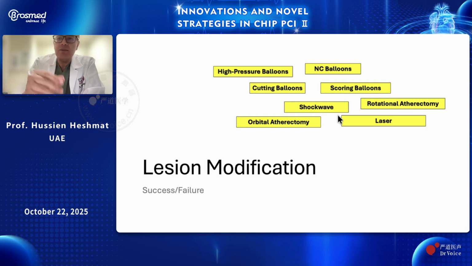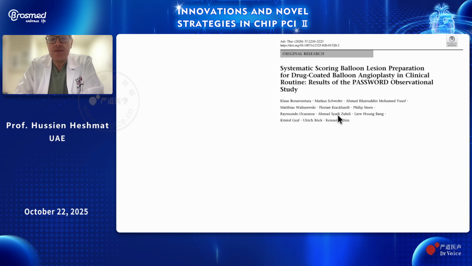Probably the weak point now with drug-coated balloons is large vessels. We have some evidence, not the best evidence, but probably one of the weaknesses is that we're not modifying the lesions properly in large vessels.